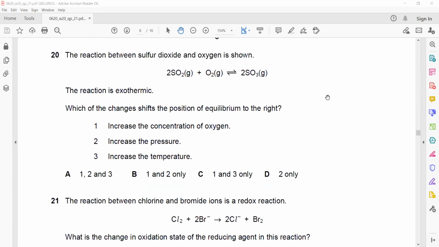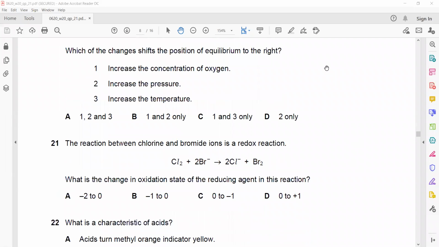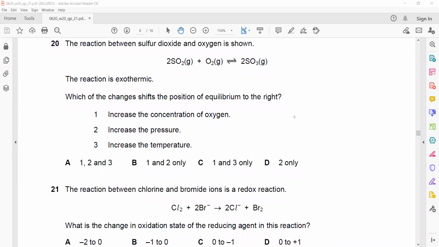Question 20. The reaction between sulfur dioxide and oxygen is shown. The reaction is exothermic. Which of the changes shift the position of equilibrium towards the right, meaning we'll get more sulfur trioxide? The forward reaction is exothermic. Exothermic means reactants have high energy and the product has low energy.